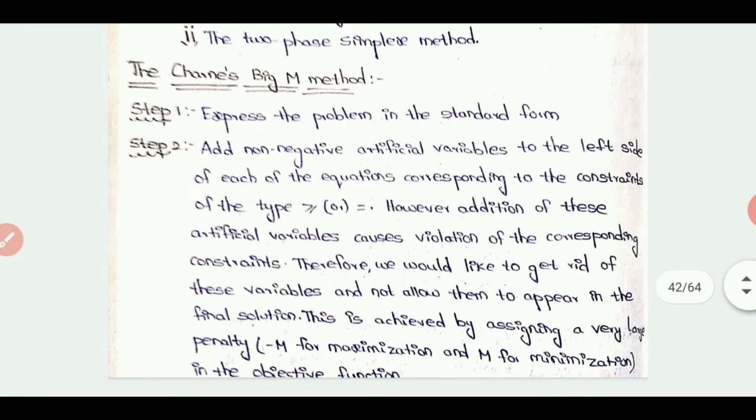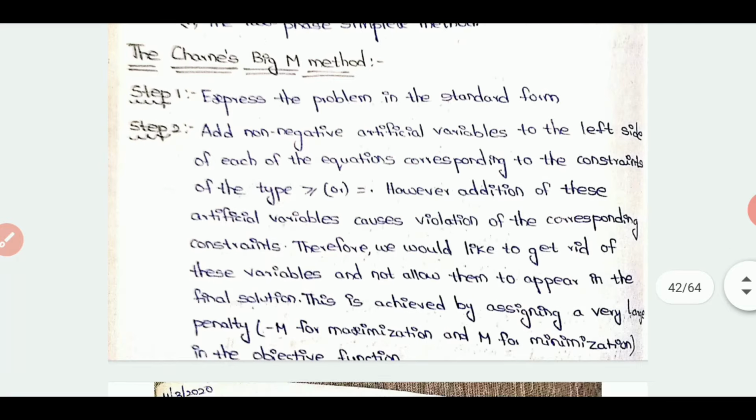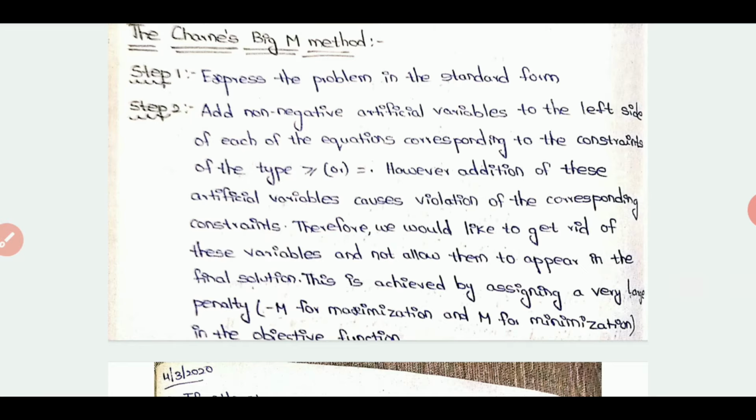We have to add the artificial variable only for those constraints which have greater than or equals to symbol or only equals to symbol. For those constraints only we will add an artificial variable, and for the constraints having less than or equals to symbol, we will add only a slack variable. Okay, and for this artificial variable we will assign a penalty in the objective function.